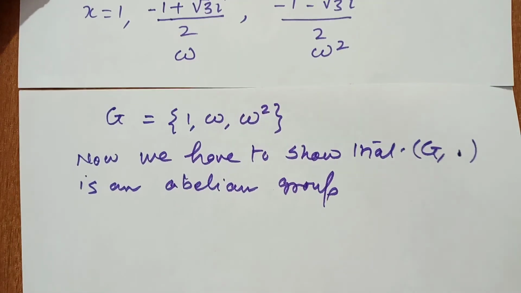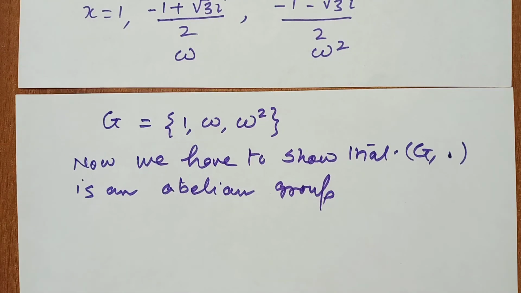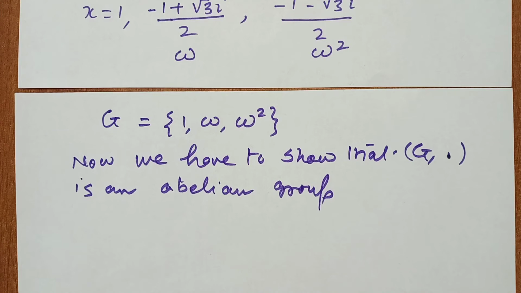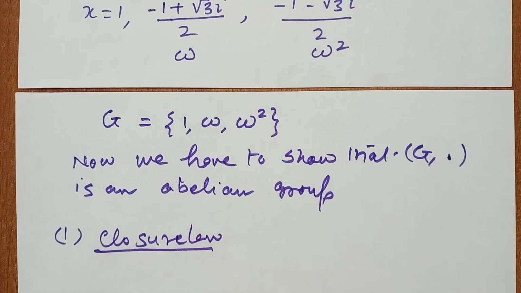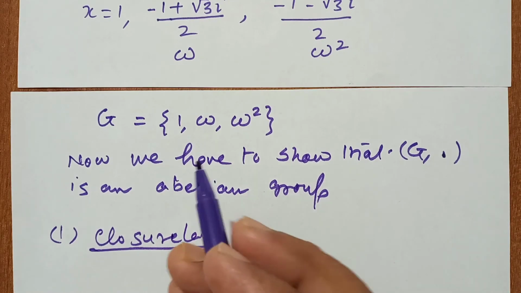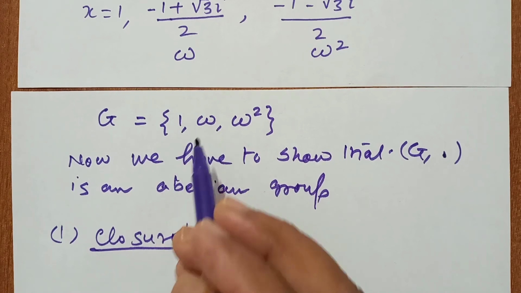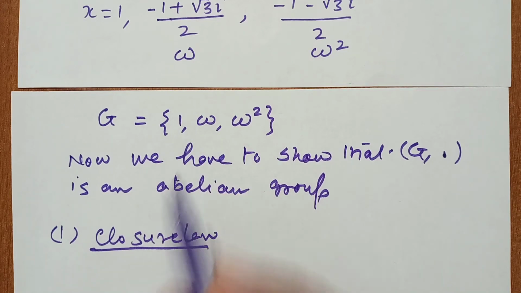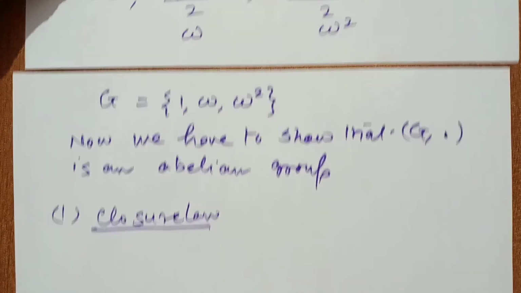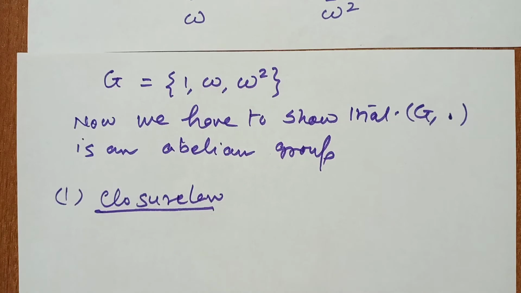So there are two methods. One is by table. First is the closure law. Closure law means for any two elements of G, you multiply them, and the new element is again in G, then G satisfies the closure law. So for this, I am going to explain by table.